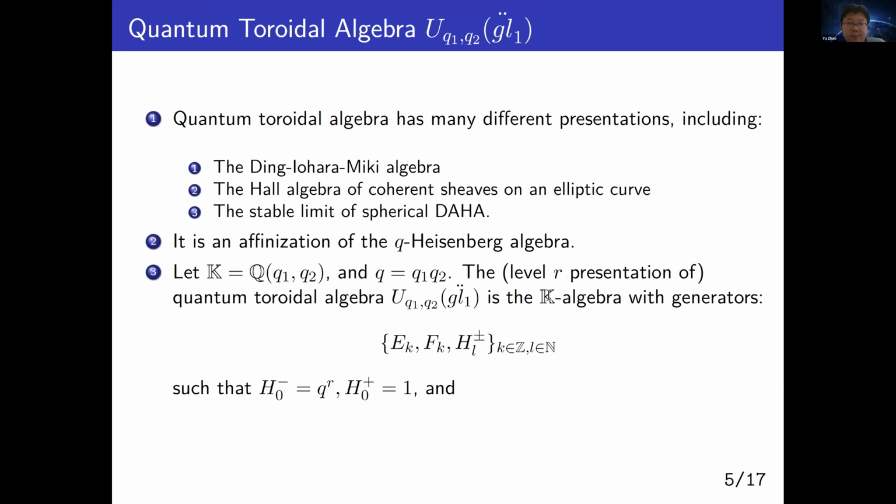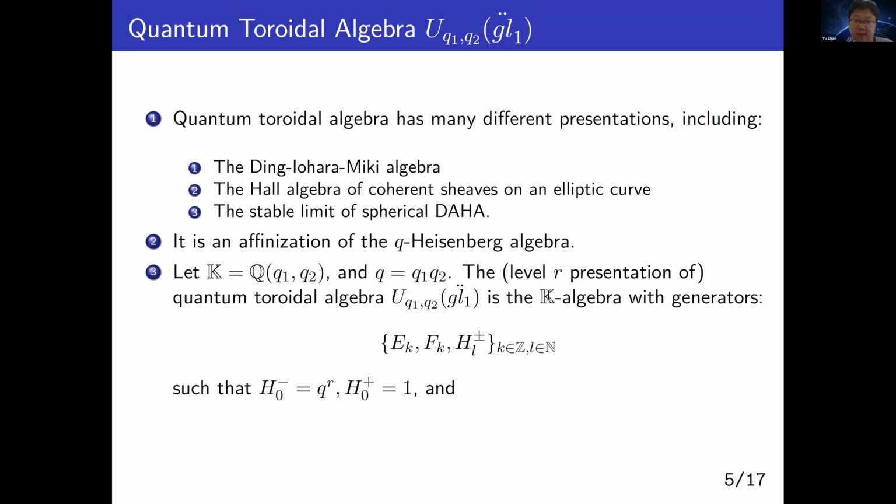Let me remind you what this algebra is. We consider two parameters q1, q2, and we consider the fraction field over q1, q2. Then we define the quantum toroidal algebra by the positive part E_k, the negative part F_k, and there is also the zero part, which we call H_l.